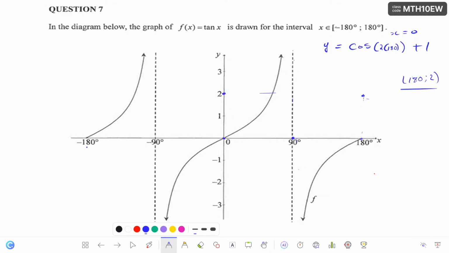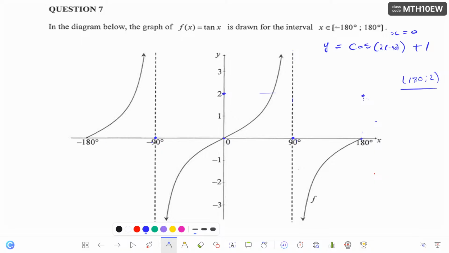Same thing with the other side because they said from negative 180 to positive 180. So here you're going to put negative 90 degrees. If we put negative 90 degrees, what are we going to get? We're going to get 0. So 0 is here.